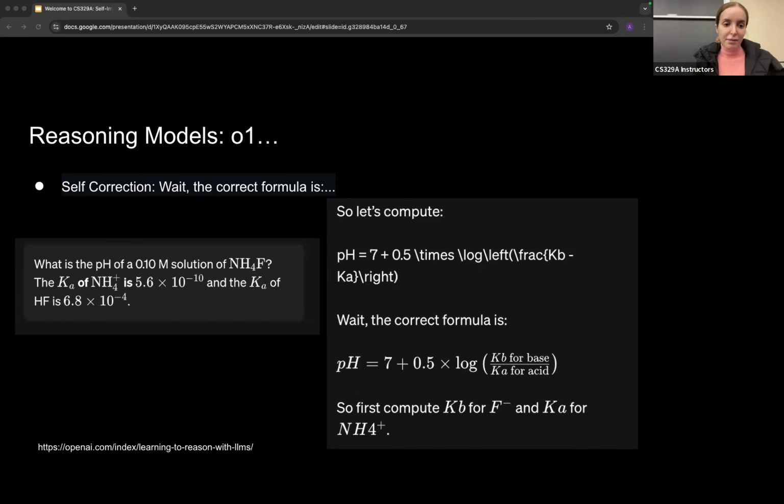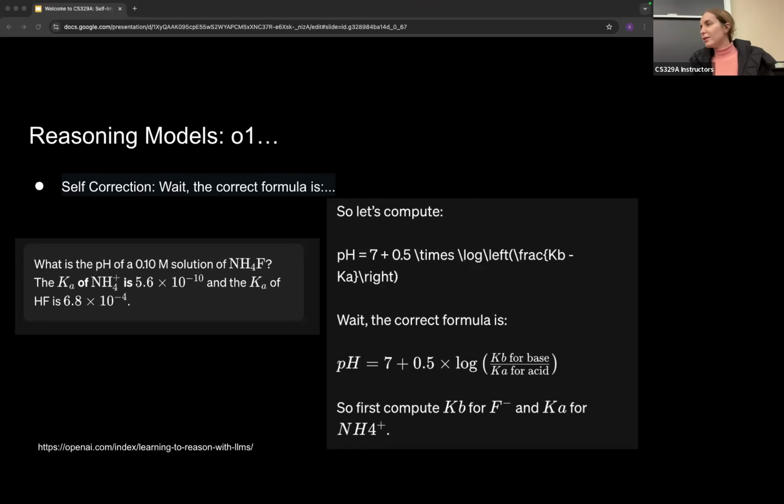Here is another example of self-correction that OpenAI put out. The question is: what is the pH of a 0.1 M solution of NH4F? With some numerical definitions for this question that help the model answer it. In this case, the model says, so let's compute pH is this.